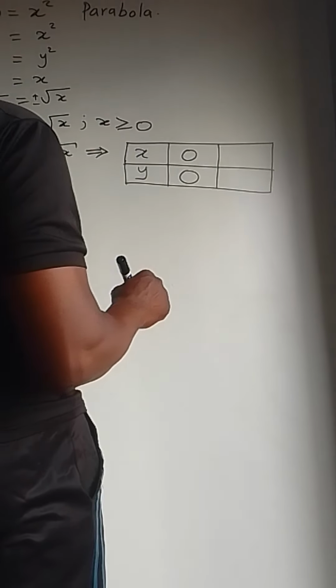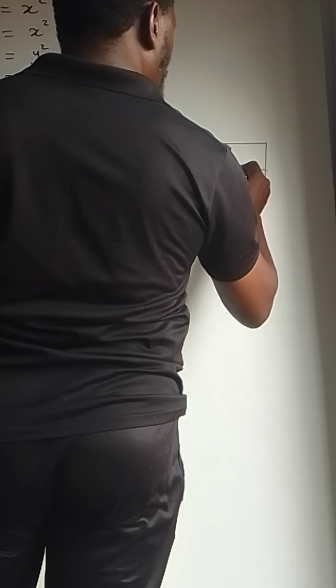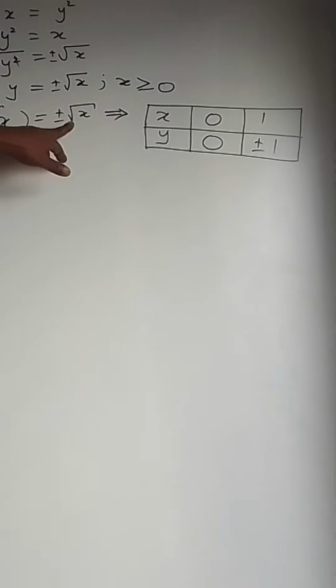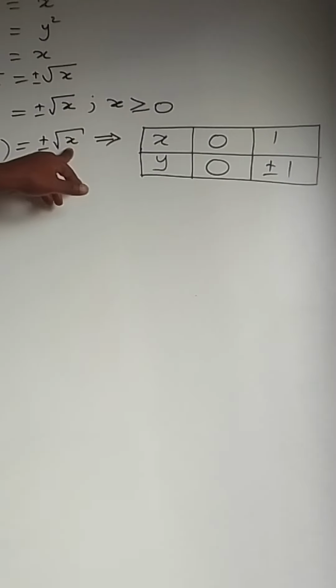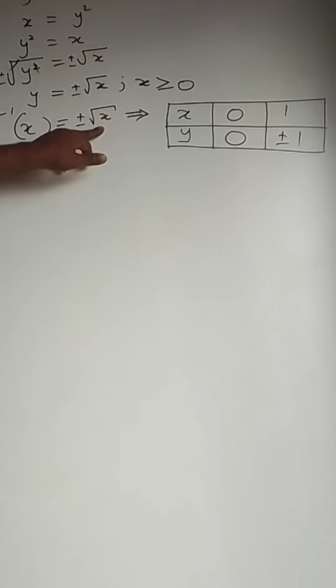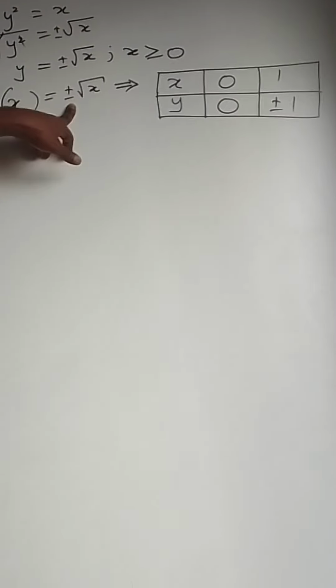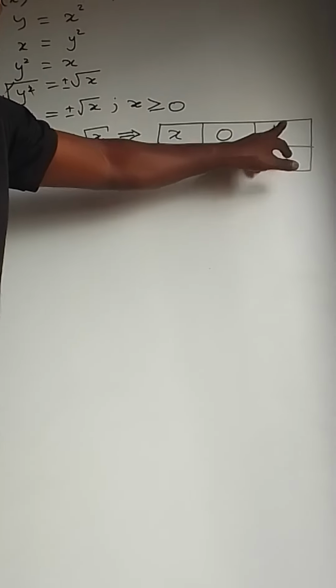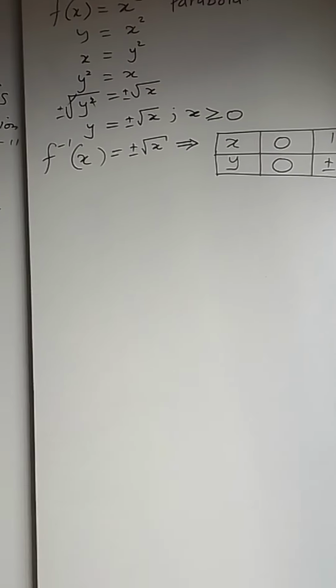When x is 1, y is plus minus 1. When you put your 0 here, you get 0, but when you put a 1 here, you are going to get plus or minus the value of y. So we have two values of y here. We have one value of x.